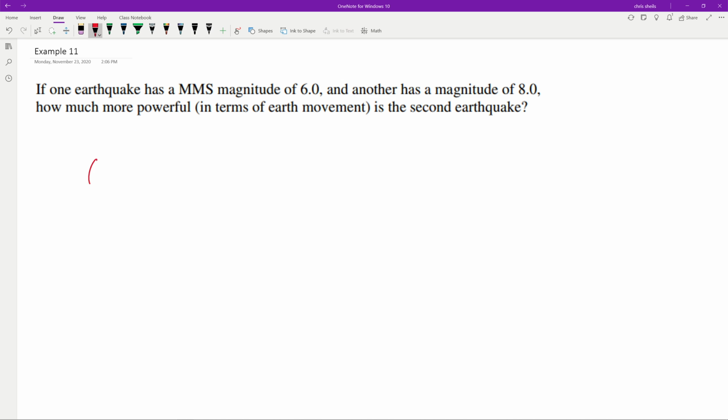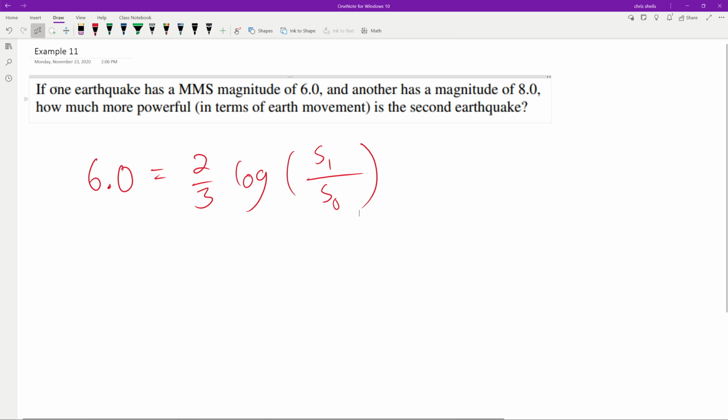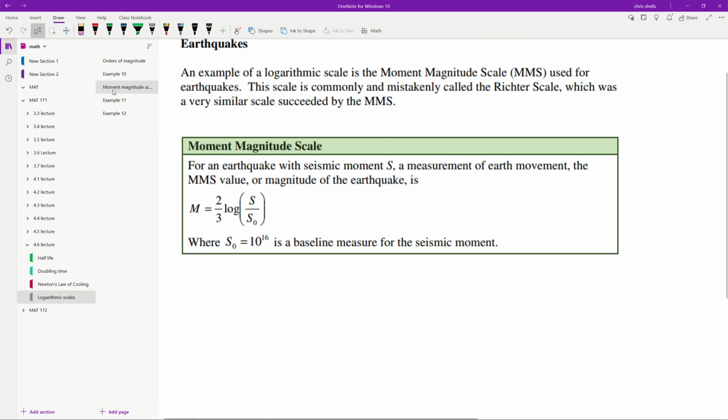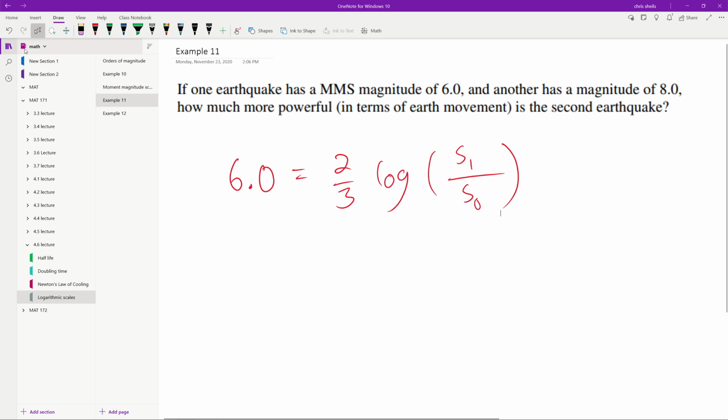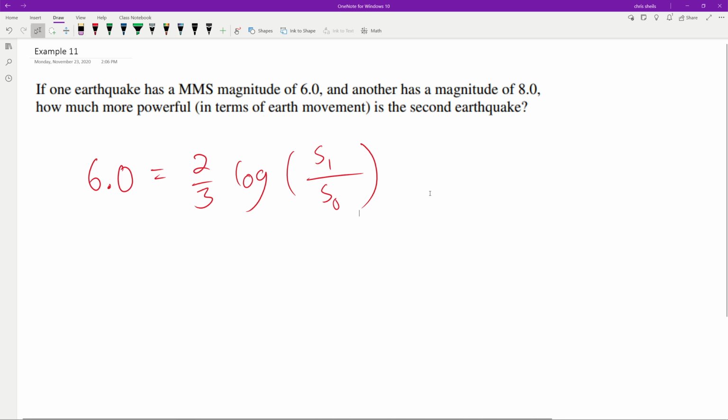So we're going to have 6.0 is equal to 2/3 times log of S sub 1 divided by S naught. This is just coming right from our formula for moment magnitude scale. Instead of S on the top, I'm writing S sub 1 to denote the seismic movement of this 6.0 earthquake.